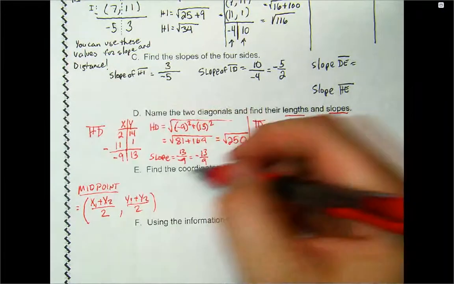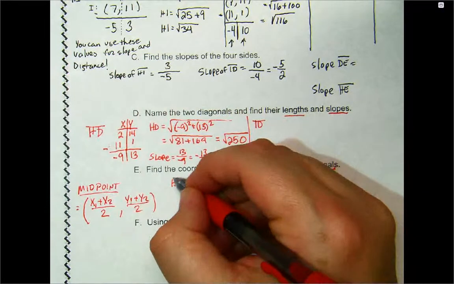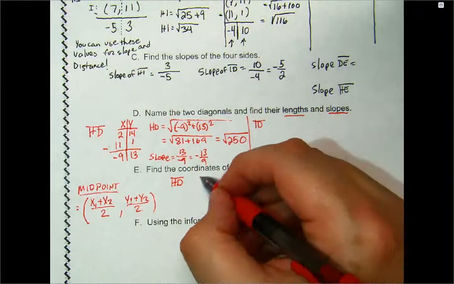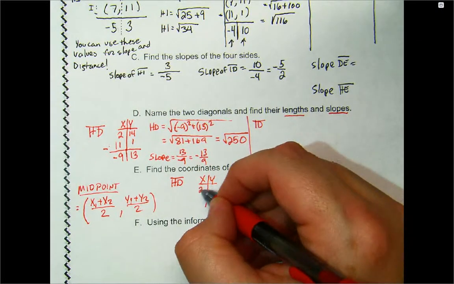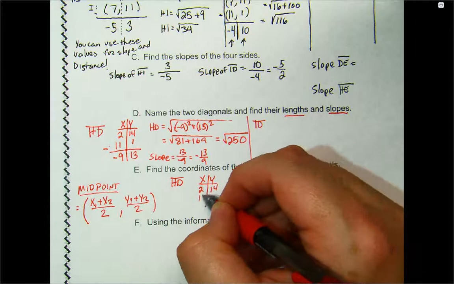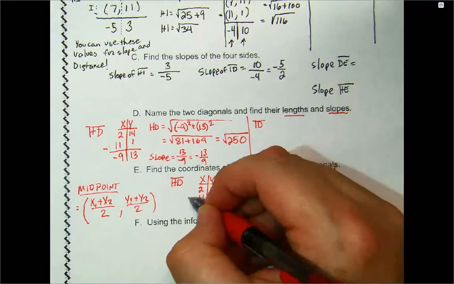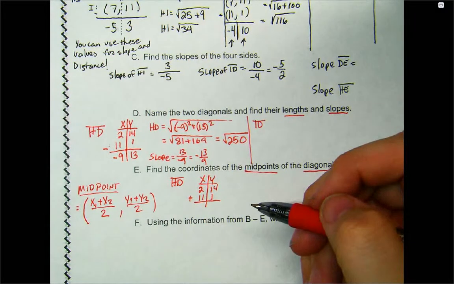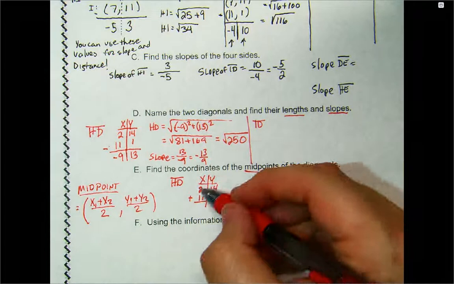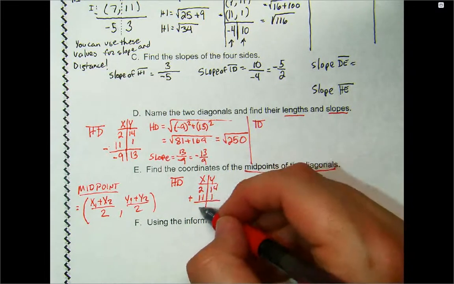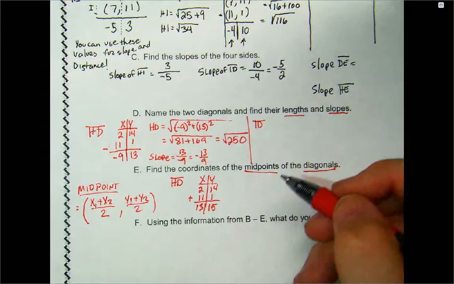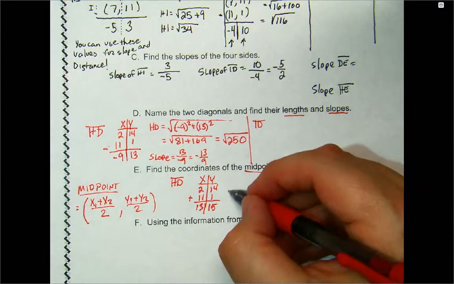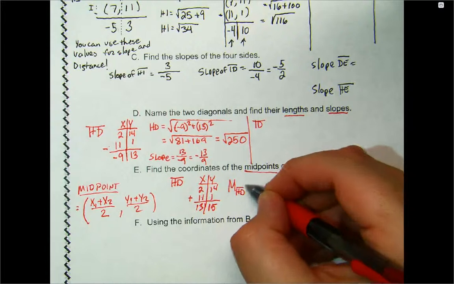You could set up that XY chart again: 2, 14, 11, 1, and this time I'm going to add them together. What's 2 plus 11? 13. 14 plus 1 is 15. So my midpoint for HD is just going to be 13 over 2 and 15 over 2.